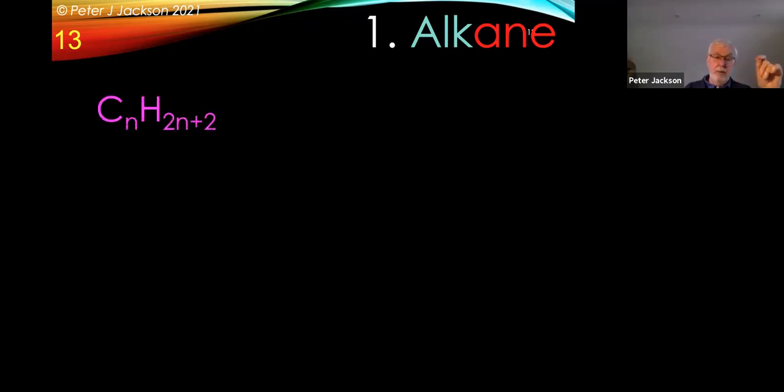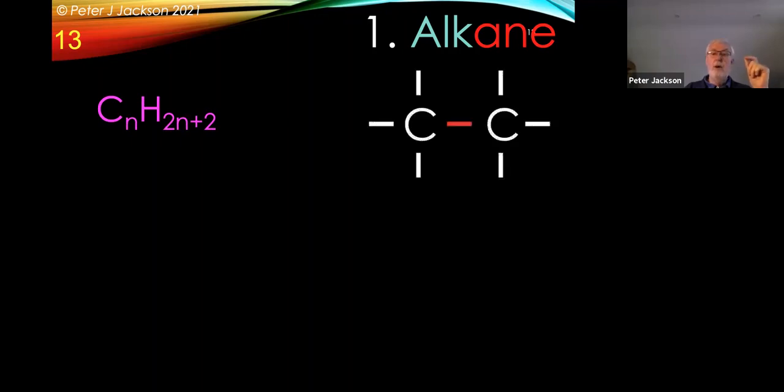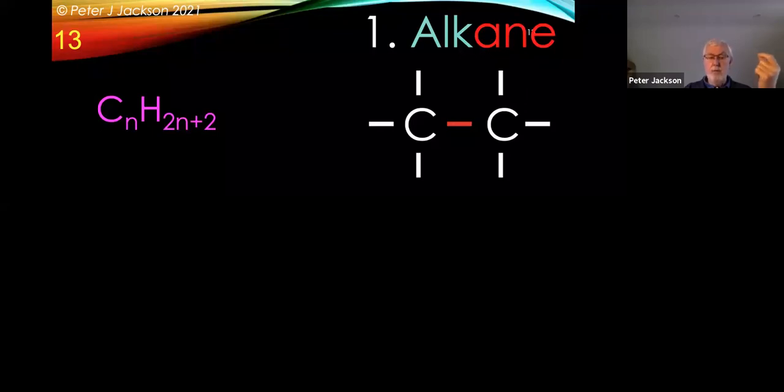The general formula, as we said a moment ago, is CnH2n+2. So there is the second member with 2 carbons, C2H6. Notice I haven't put in the H's. There's no need to put in the H's. We assume that at the end of each bond, there is an H unless something else is put there.